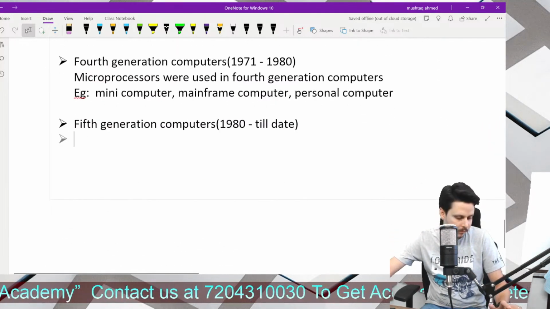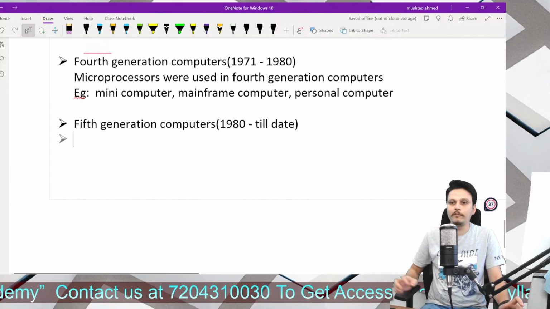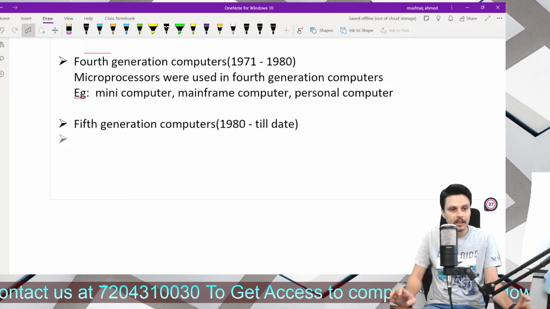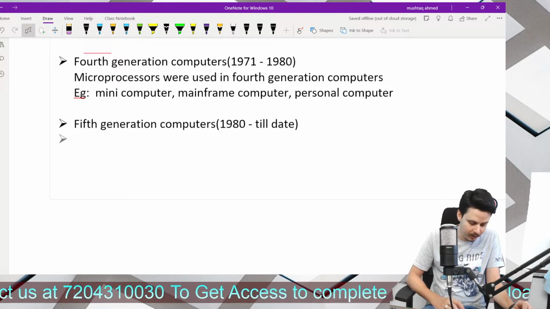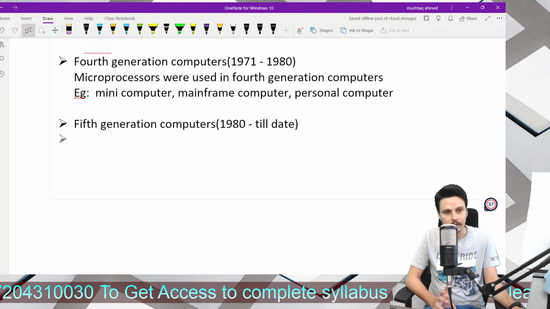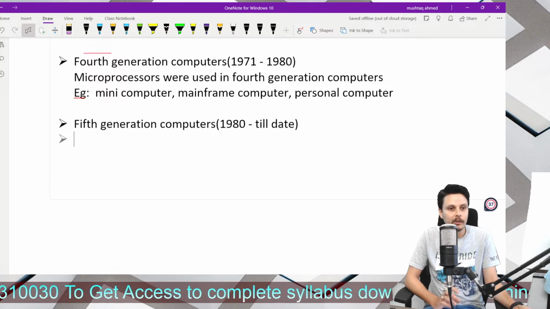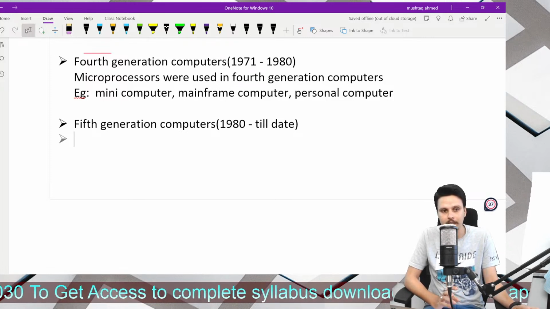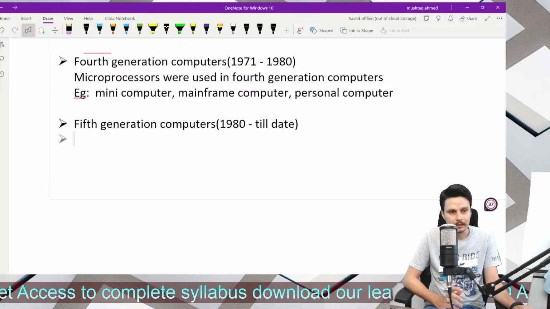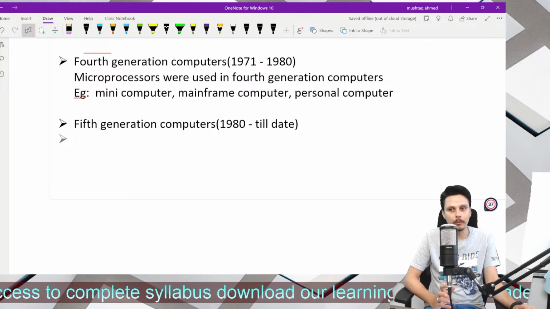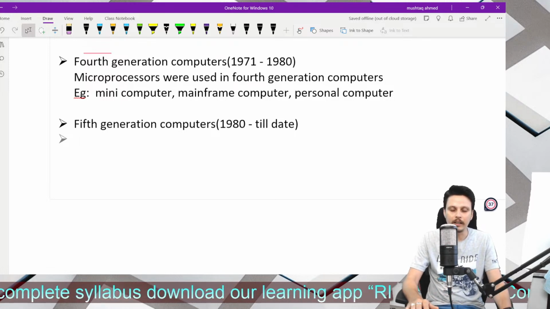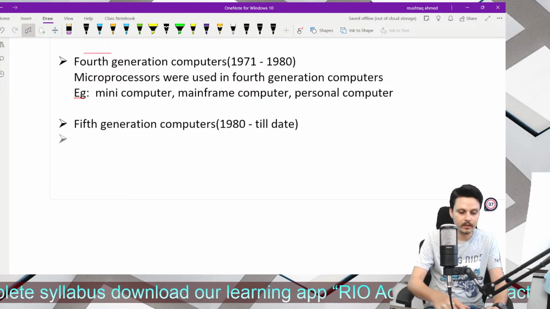So the fifth generation computers: whatever computers we are presently using come under the fifth generation of the computers. It involves the concept of artificial intelligence, which made computers think like human beings.